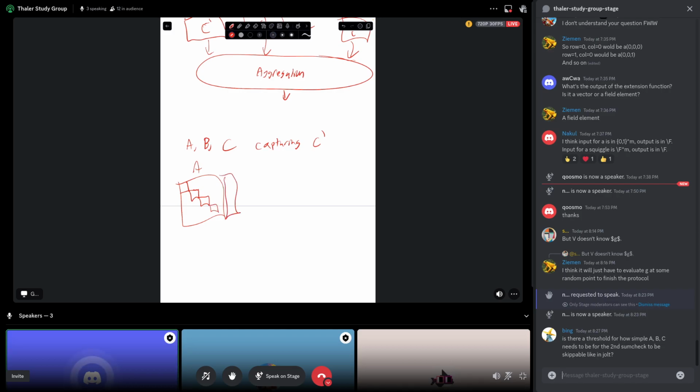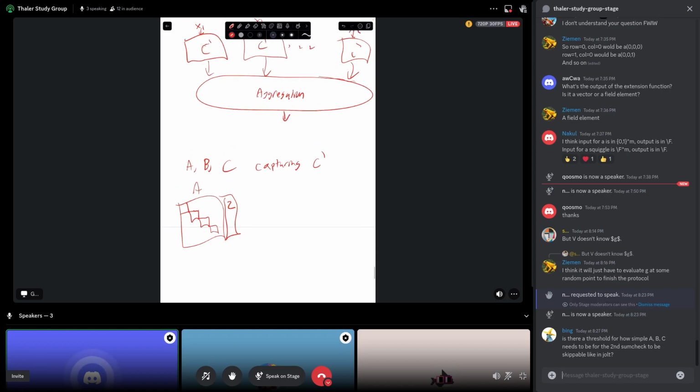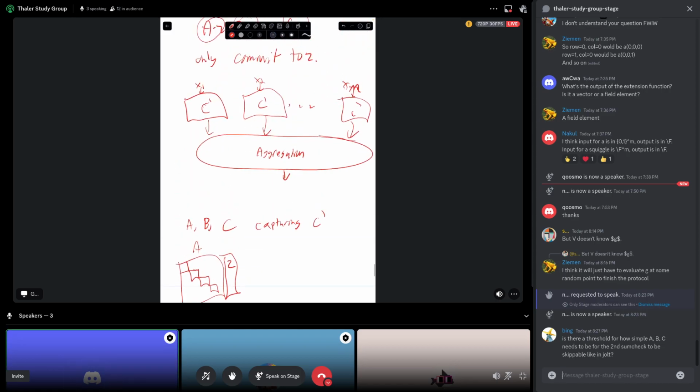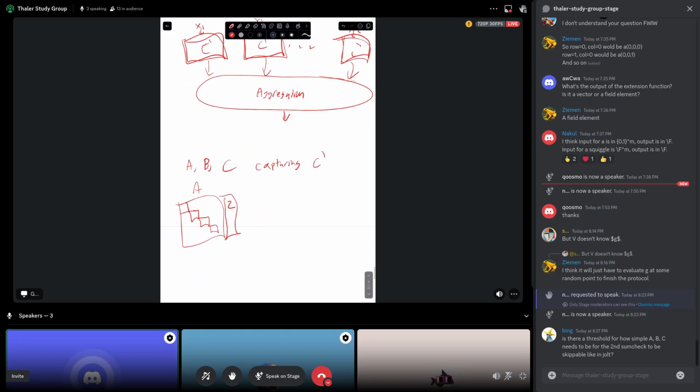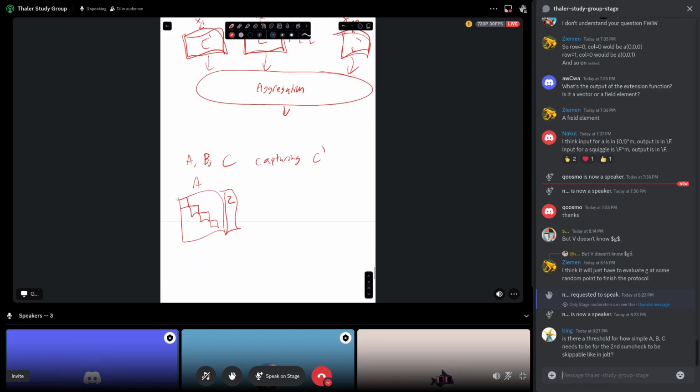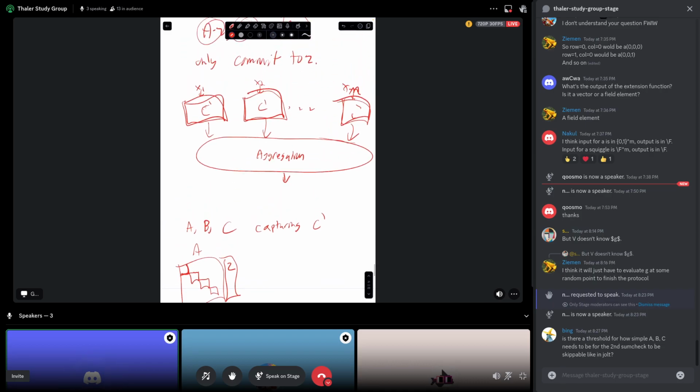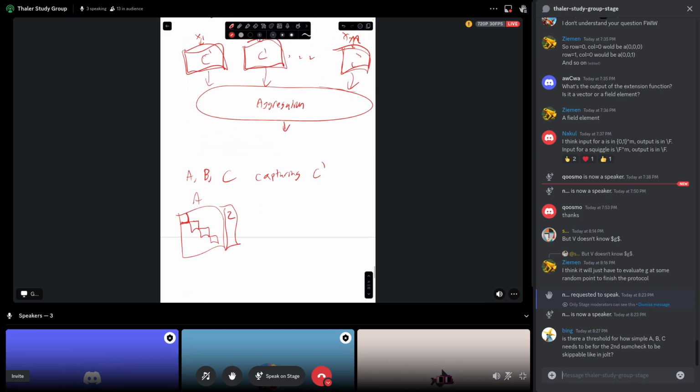What's going on is that your Z for the whole thing will be done copy-wise. So you'll commit the gate values for this copy of C prime, followed by the gate values for this copy, followed by the gate values for this copy. And then each little constraint system just operates on one copy, because the copies are completely independent.